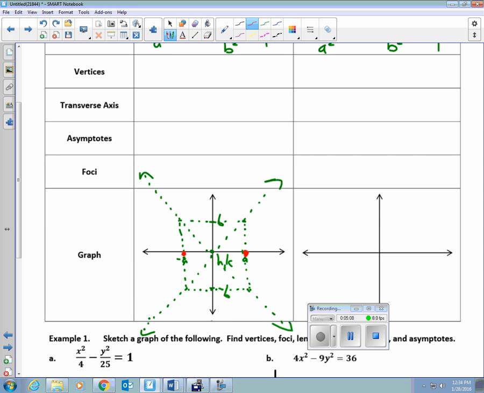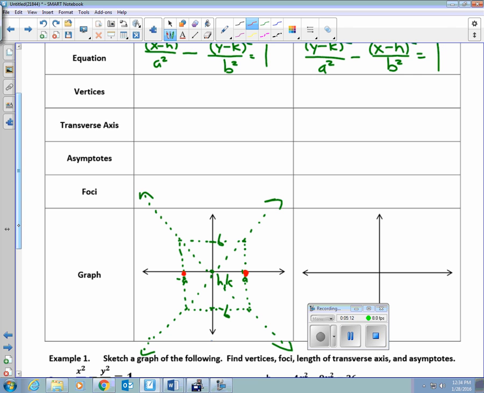If the center was (0, 0), what's the location of those vertices? Plus or minus a, 0. Suppose that the center is (h, k). Will this affect the h value or the k value? h. So it'll be h plus or minus a, k.